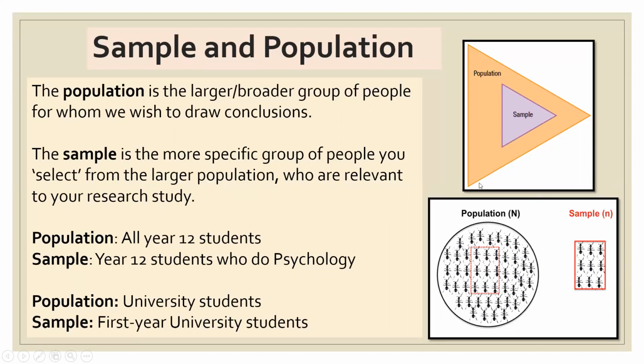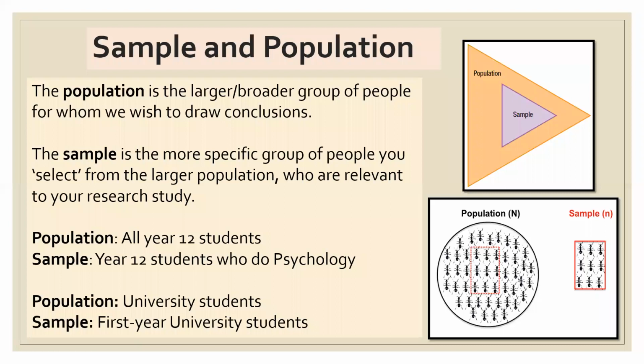So if I conduct that study on the effect of early bedtimes on VCE psychology students, and my results show that VCE psychology students who sleep early have better SAC marks because they're concentrating better in class, I can say that this applied to VCE psychology students, but I can also generalize these results to all VCE students in Altaqua, regardless of what subject they do, okay?